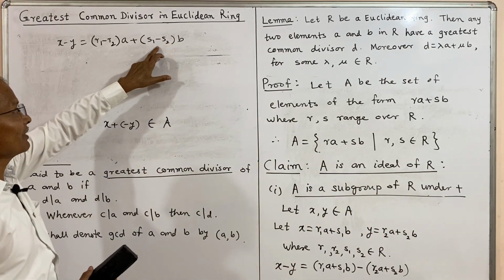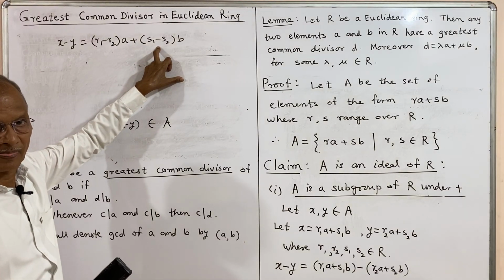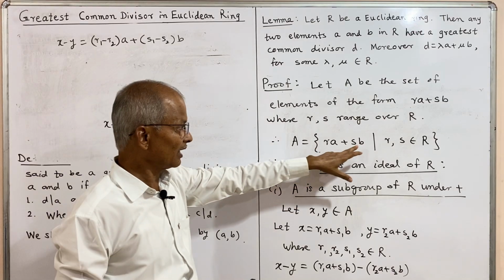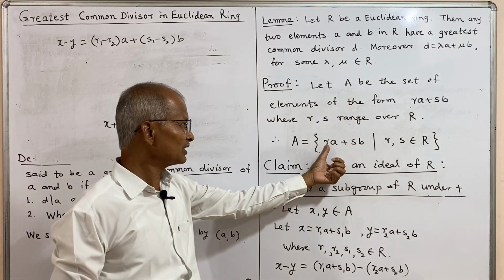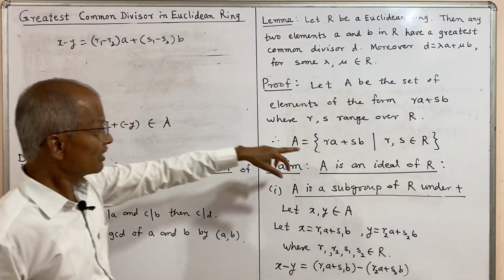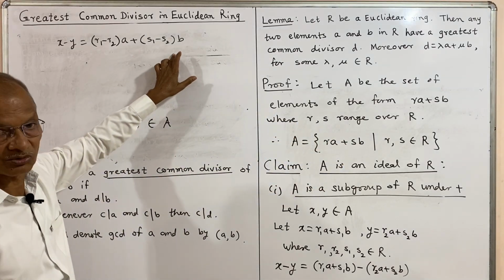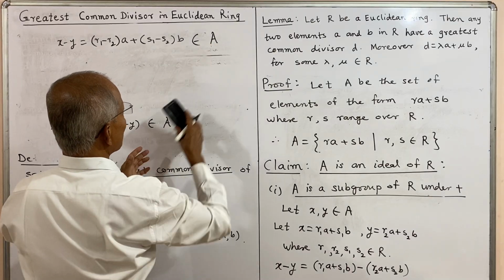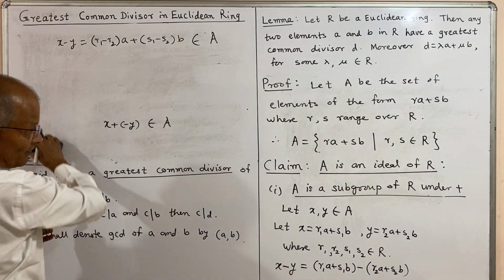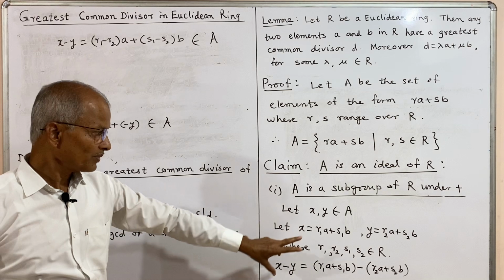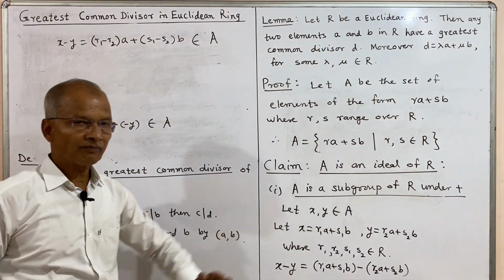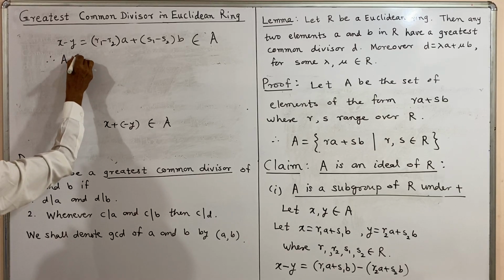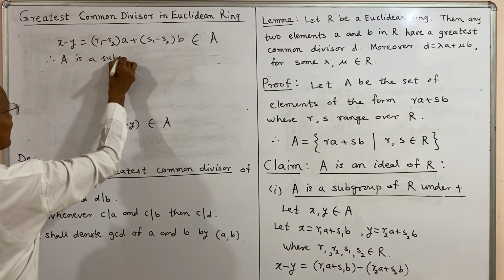Similarly S1 minus S2 is an element of R, and therefore this is a combination of A and B again, of this form. In place of R we have R1 minus R2, in place of S we have S1 minus S2, and this belongs to A. Therefore this is sufficient to show A is a subgroup of R under addition.